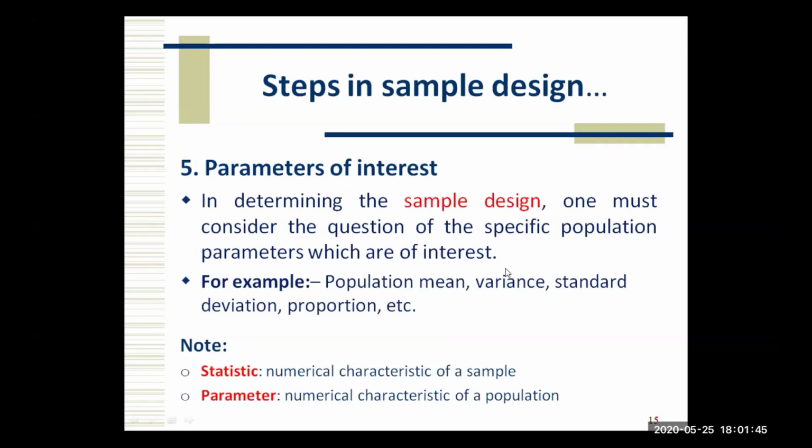This part is also a discussion on the parameter of interest in determining the sample design. One must consider the questions of specific population parameters, which are quite important. You also need to distinguish the parameter of interest.